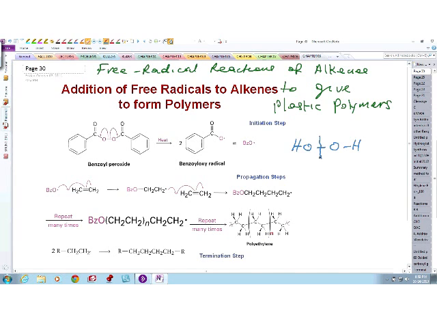So we could break this homolytically to start the polymerization process. In this case, benzoyl peroxide is actually used as the initiator here. And once you form that initiator, you can see here, it reacts with ethylene, it continues the process until you get a very big molecule of polyethylene. And any two free radicals will join together to terminate the process. I'll give you one second to finish writing.